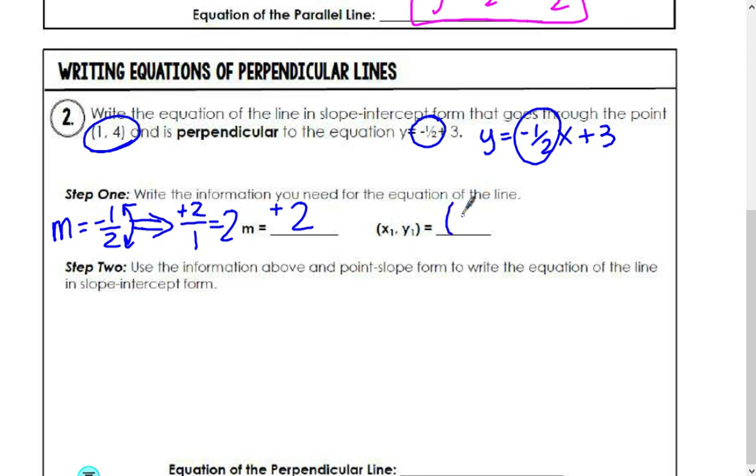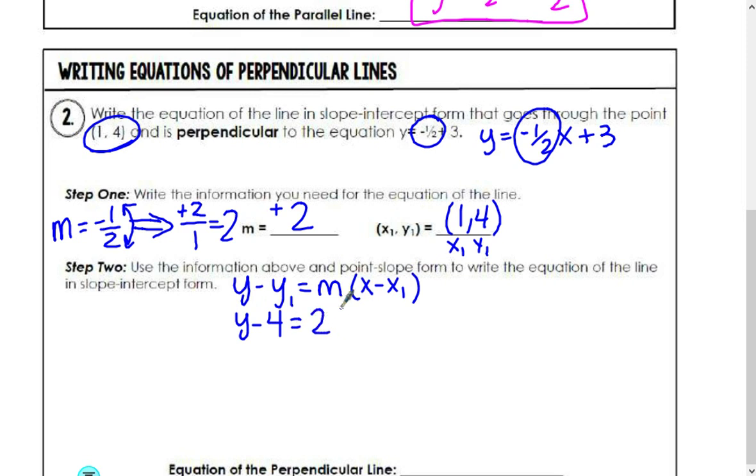All right, so our new line needs to go through 1, 4. So this is my x1 and my y1. And we go with our same thing. y minus y1 equals m times x minus x1. y minus 4 equals 2 times x minus 1. y minus 4 equals 2x minus 2 after we distribute.